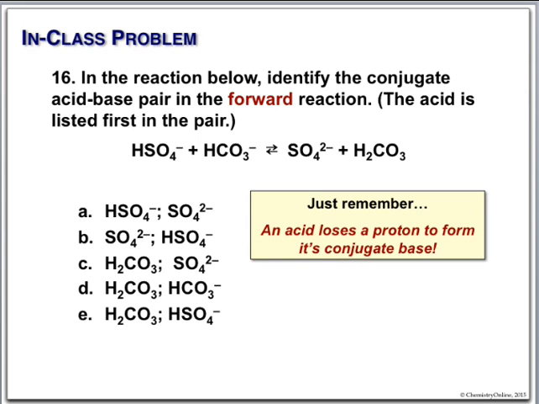Here we have hydrogen sulfate and sulfate. Yes, they differ by one proton, don't they? Sulfate and hydrogen sulfate, this is going the wrong way. Here we're gaining a proton. Dihydrogen carbonate and sulfate? Well, they're not even the same groups.